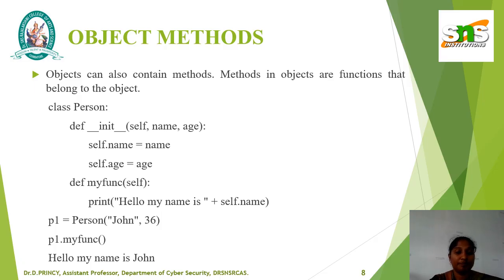So I'm creating an object p1 by passing the values John and 36. Then I call the function myfunc. It returns Hello, my name is John. When I call the method using p1, the value is John. When I call the method with another object having different values, those values would be used. That is why it is called an object method. The method belongs to that object only.